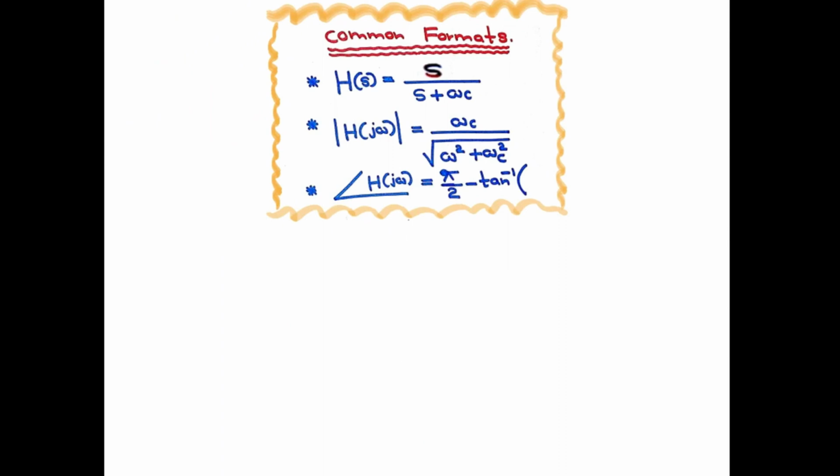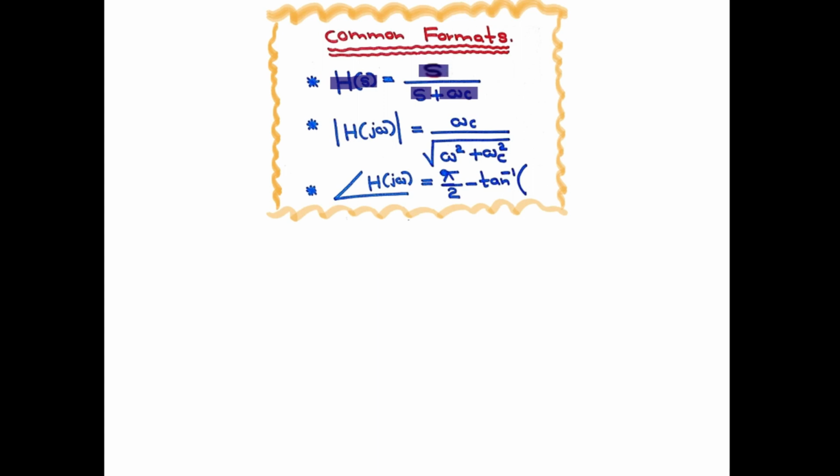Right. Now we are going to talk about the plots, the magnitude frequency plot and the phase angle plot of the transfer function. But first we are going to recall the common formats we derived previously for both circuits. Here is the Laplace domain transfer function H(s) for both circuits. It is s divided by s plus omega c. Here, omega c is different for each circuit.